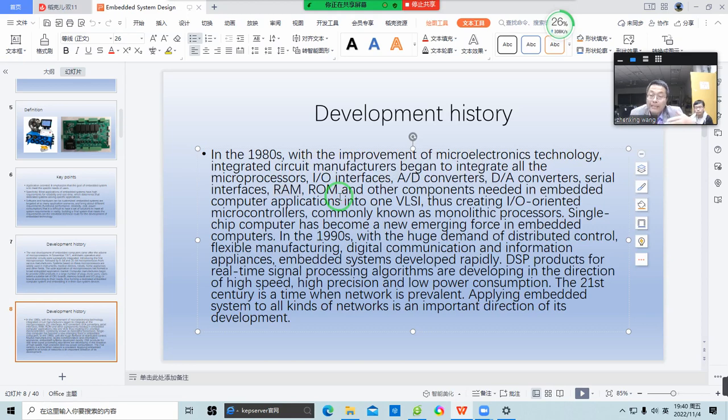RAM is like DDR, SDRAM, but it's different. RAM here refers to static RAM. In the past we used static RAM, but nowadays we use dynamic RAM: DDR, DDR2, DDR3, DDR4.